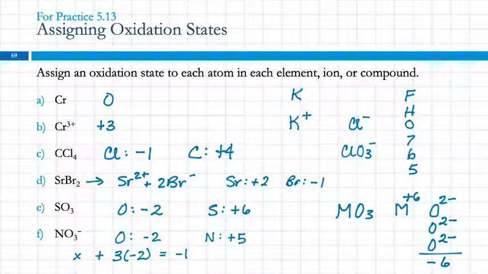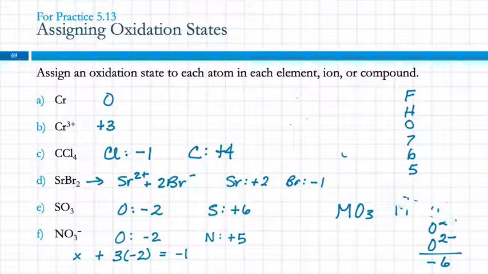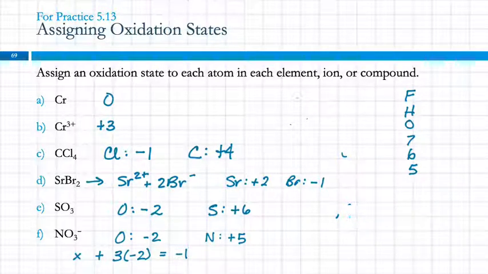How did I get +6 for S? Yeah, this one. So I'm going to erase some of these scribblings over here, so I can do some different scribblings. SO3, we could imagine it looking like this.